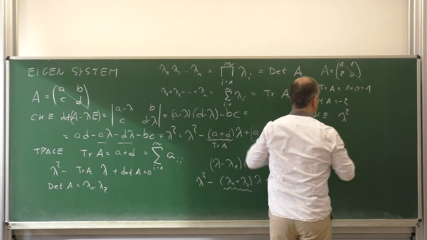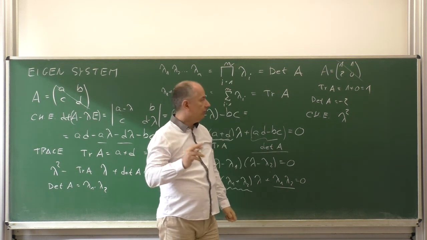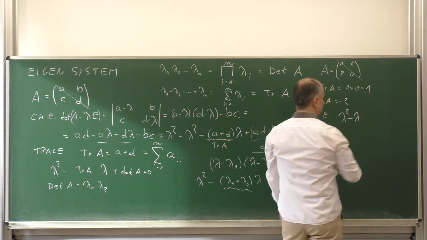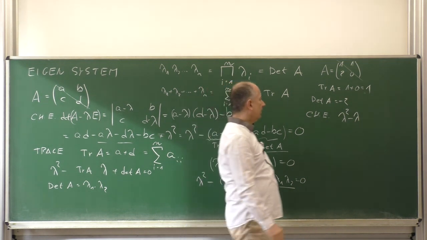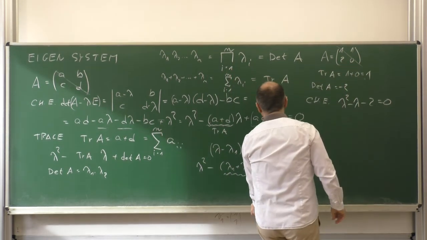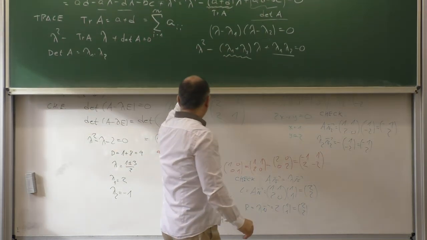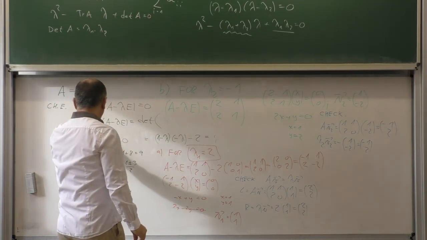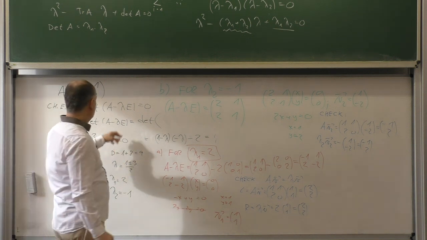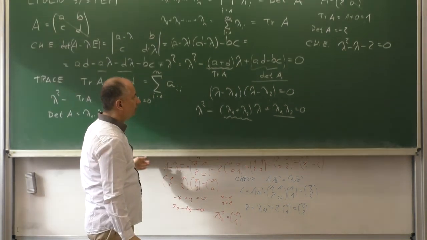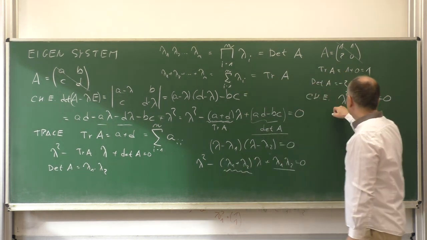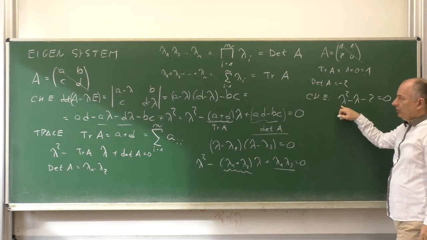Lambda squared minus trace times lambda plus the determinant. And we can check whether it was the same before. Lambda squared minus lambda minus 2. Yes, it was, exactly. So this is a very quick way to write down the characteristic equation for a 2 by 2 matrix.